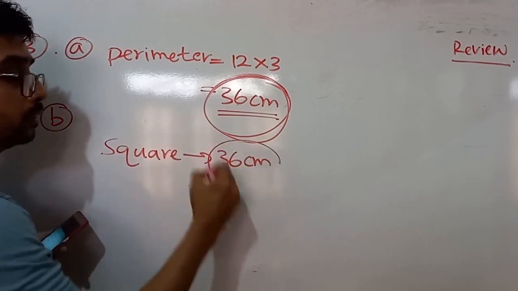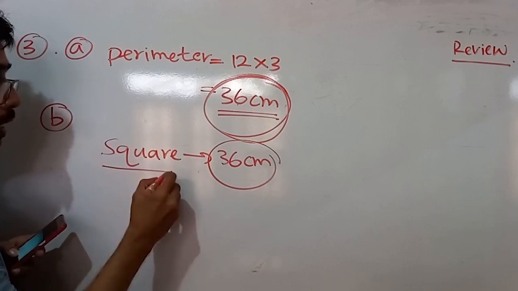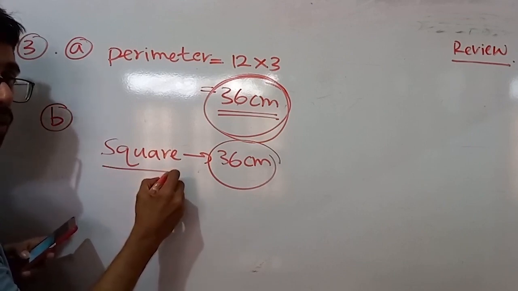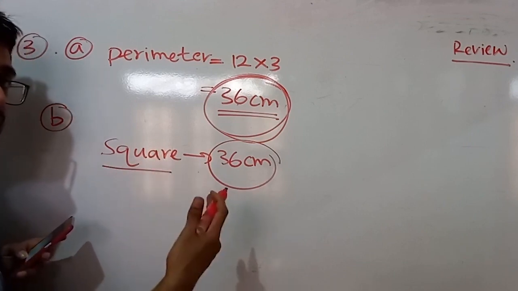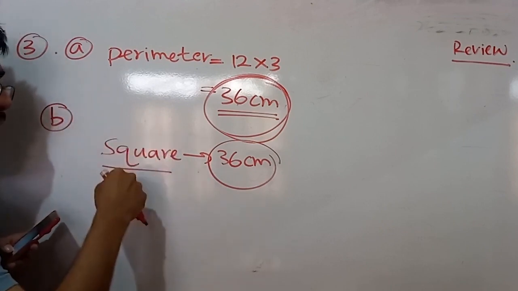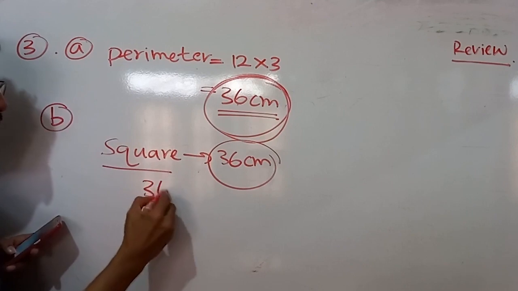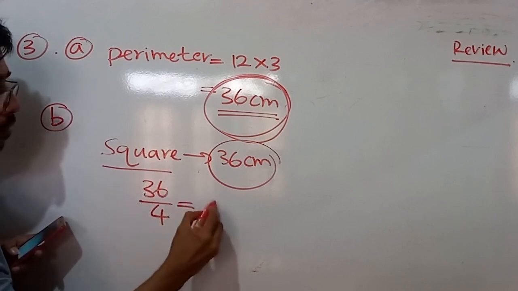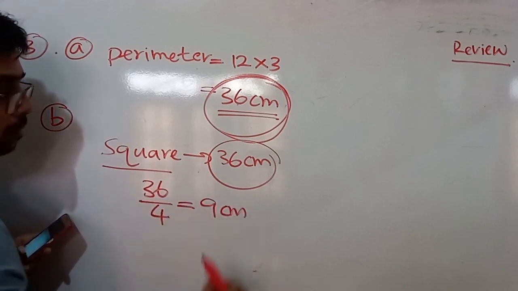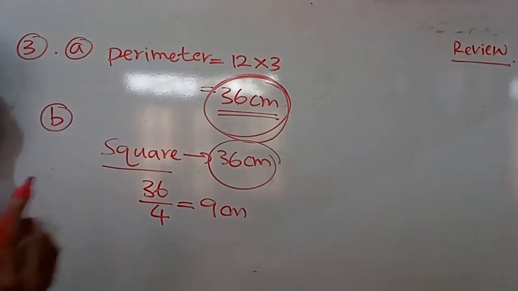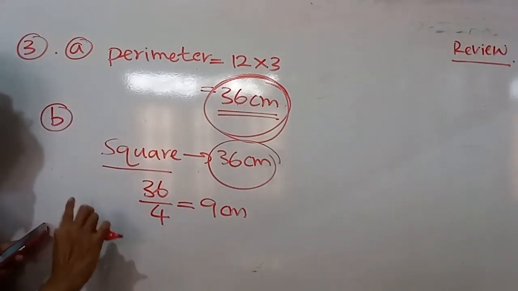Now when we take a square, all sides are equal in length. How many sides are there? 4 sides. පැති හතරේම දිග එකතුව 36 නම් එක පැත්තක දිග කීයද? 36 divided by 4. So we will get what? 9 centimeters. Right? So you will have to write down side length.